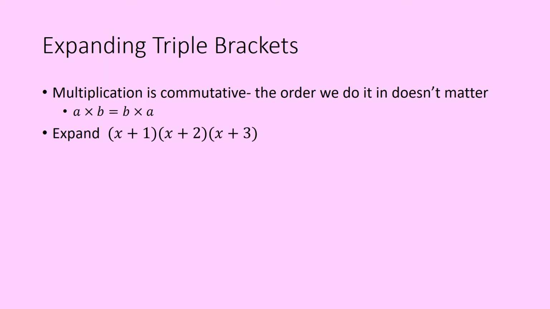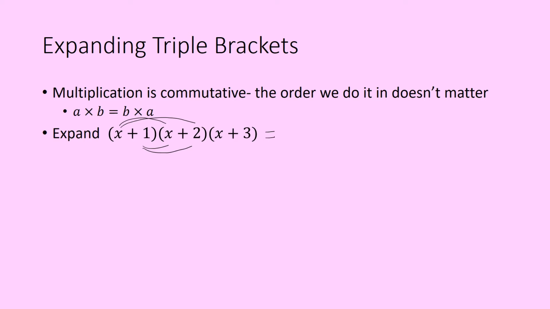So if we had a question which had three brackets and we needed to write it in the form without the brackets, we can simply multiply the first double brackets that we already know how to do, and then multiply by the third bracket later. So first step, I would do x times x, x times 2, 1 times x and 1 times 2.